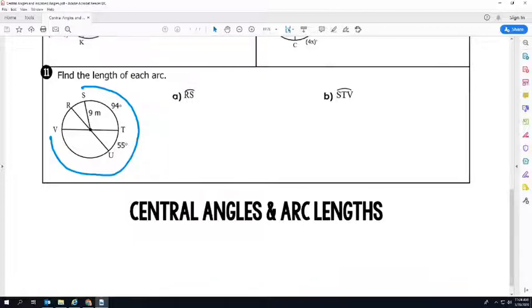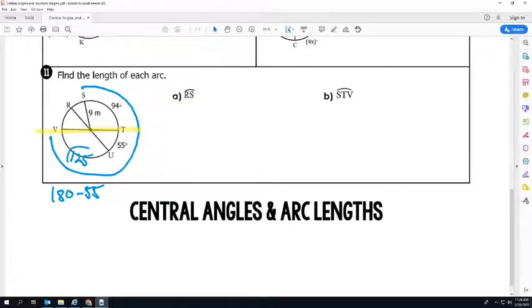I do see that this right here is a diameter, so it cuts a circle in half. So it should be 180 degrees on this side. So I'm going to do 180 minus 55 to figure out that the arc measure here is 125.